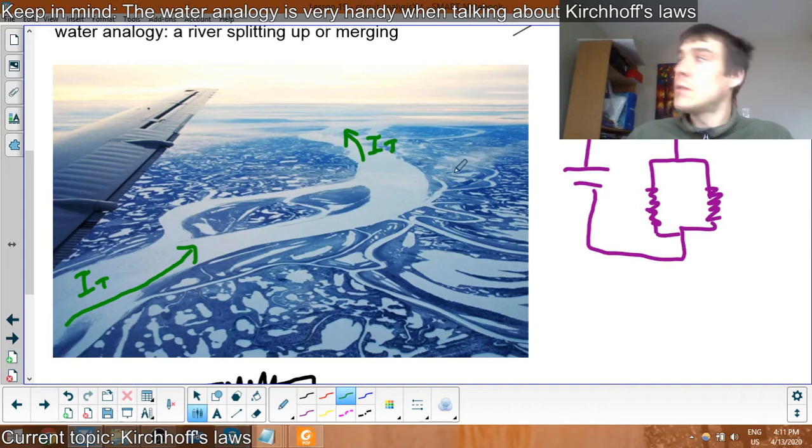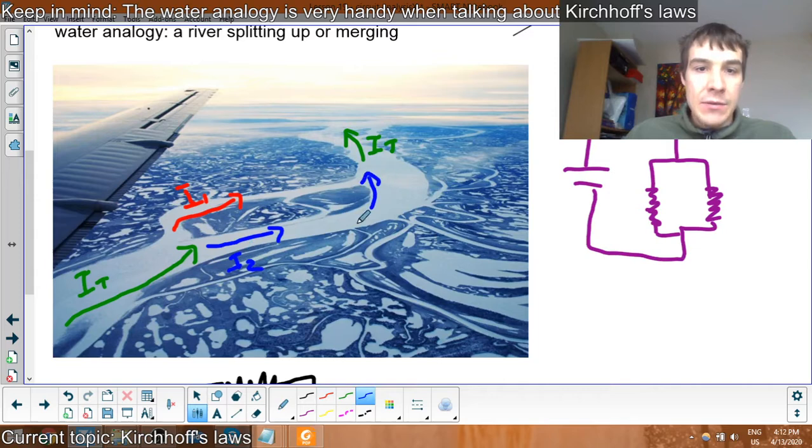IT, total current out. But it splits into a left side and a right side. We might call that I1 and I2, and then they're going to recombine back into IT.